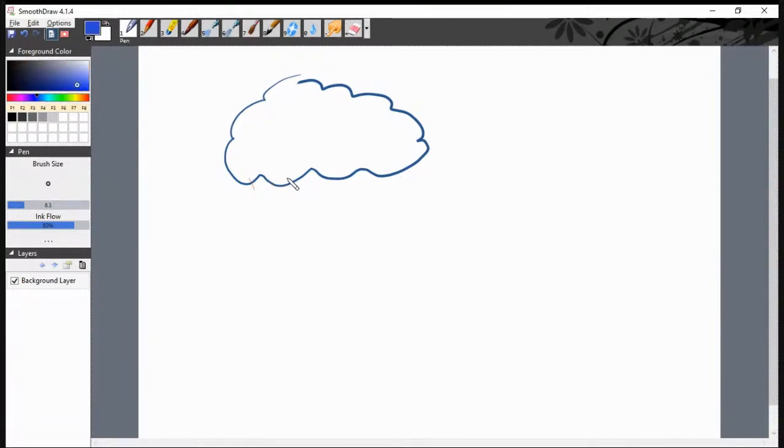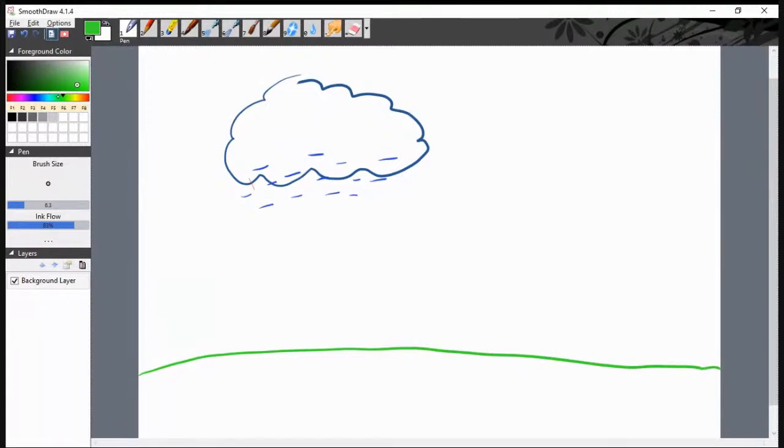If you go back in your science book, these are going to be negatively charged particles at the bottom of the cloud, and near the Earth, there are positively charged particles. Okay.